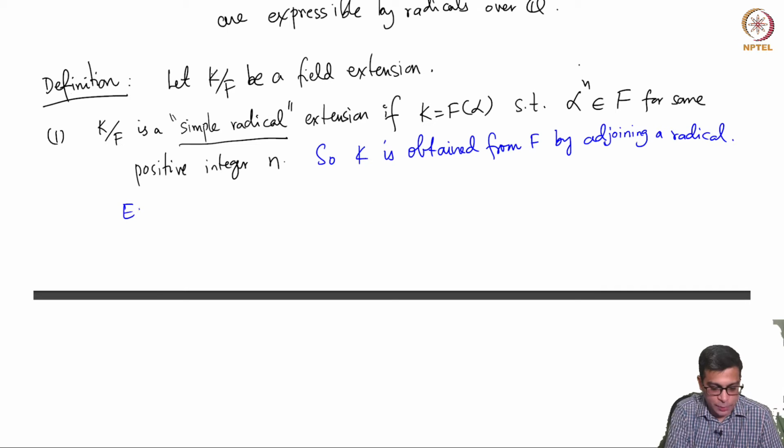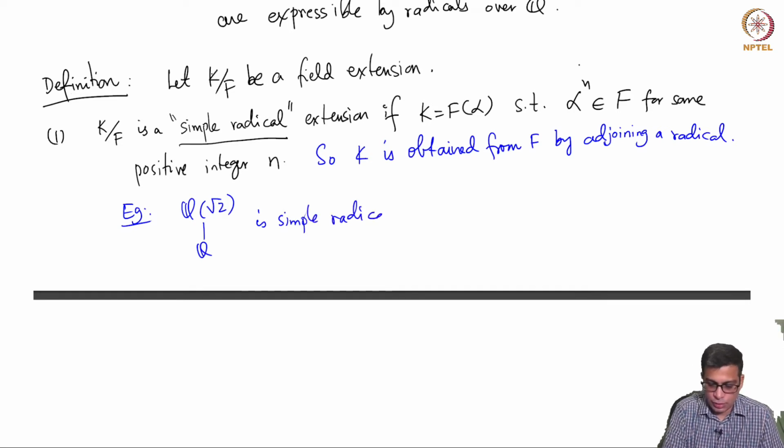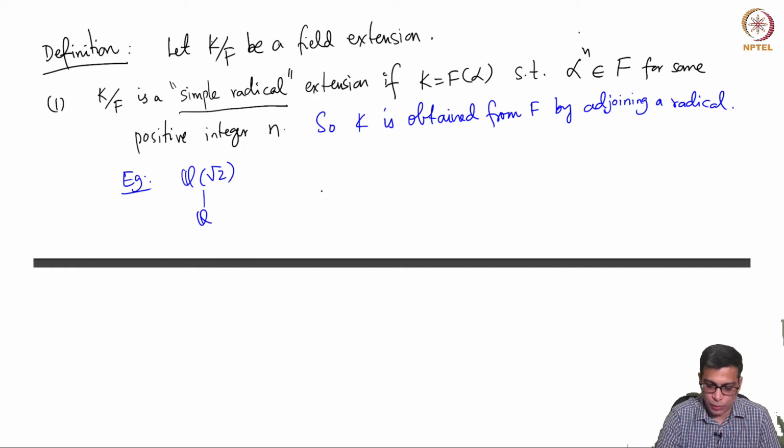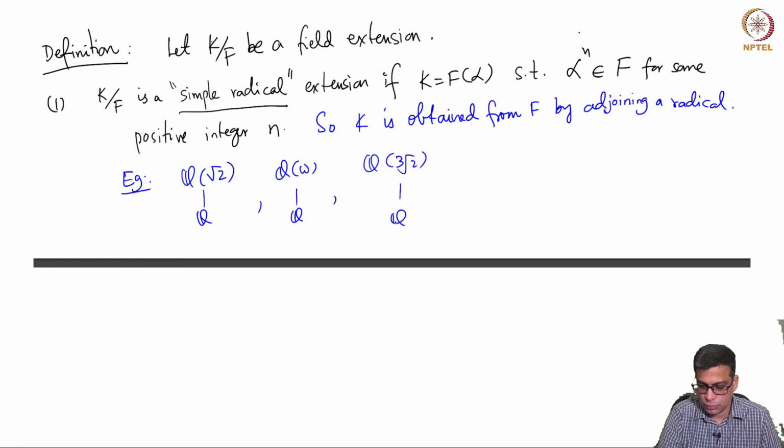A trivial example, we will do more examples later. You are adjoining an nth root in general. Here you are adjoining a square root. So, they are all simple radical.